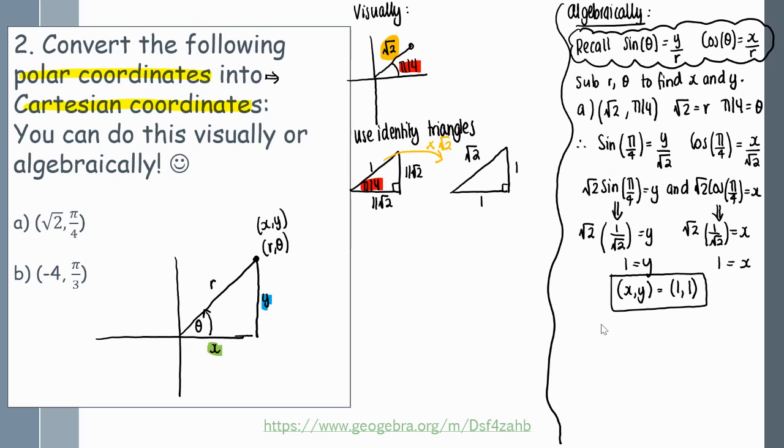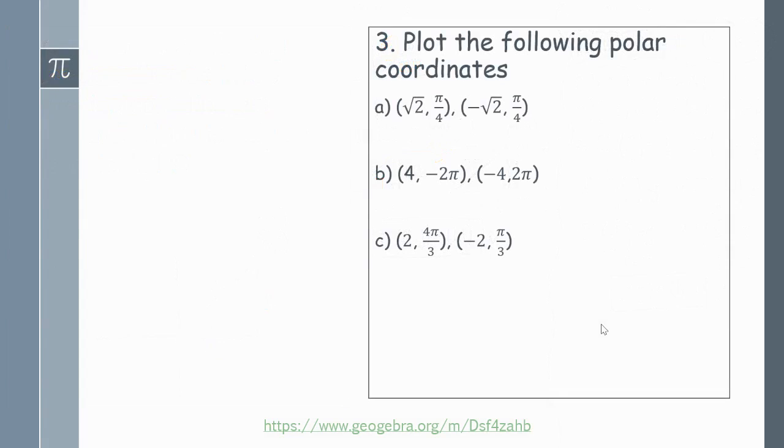The angles inside the triangle will stay the same, and if I multiply all sides by root 2, I actually end up with my opposite and adjacent sides equaling 1. That gives me my x and y coordinates being 1 across the bottom and 1 vertically up. So I have x and y equals 1, 1.